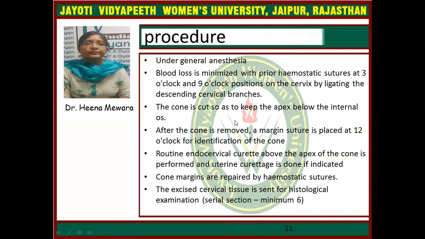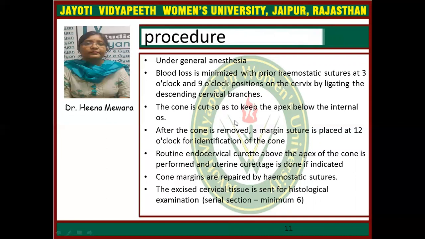Uterine sound is inserted to know the length and the position of the cervix and uterus, and then to minimize the blood loss, prior hemostatic suture is placed at 3 o'clock and 9 o'clock position on the cervix by ligating the descending cervical branches.